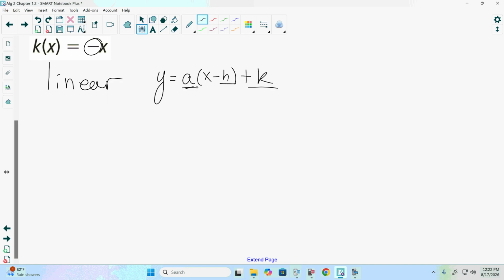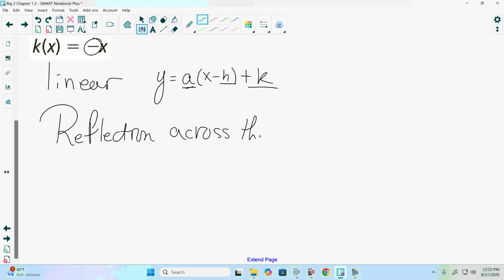We have this negative in place of A. If A is negative, it is a reflection across the x-axis. If B is negative, if we had it in front of that x inside the parentheses or absolute values, then it would be across the y-axis. Which, for some of these equations, it doesn't mean a whole lot. For linear, it just, instead of going up, it's going down.